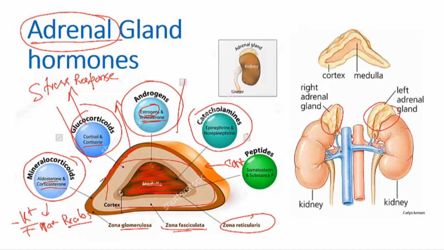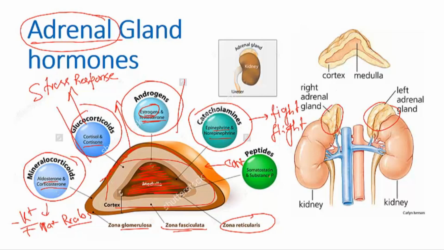These catecholamines are epinephrine and norepinephrine, which help in another type of stress response and also facilitate the sympathetic fight-or-flight response. So the fight-or-flight response is mediated by the epinephrine and norepinephrine hormones, both belonging to the sympathetic system, and they are secreted from the medulla region.